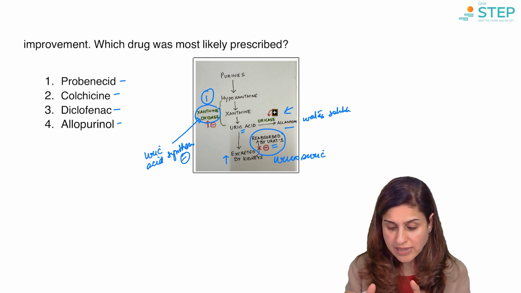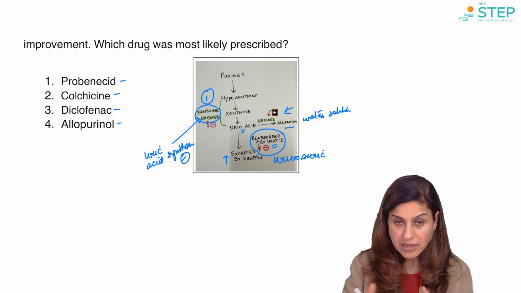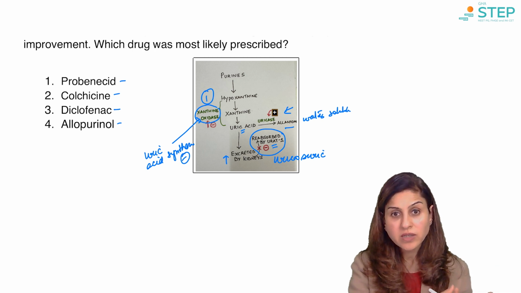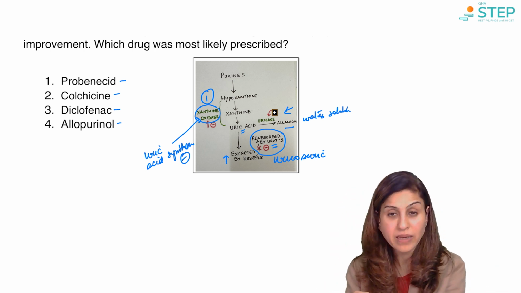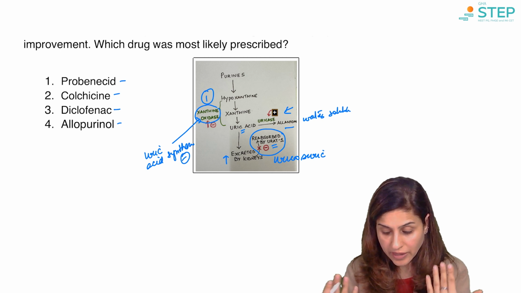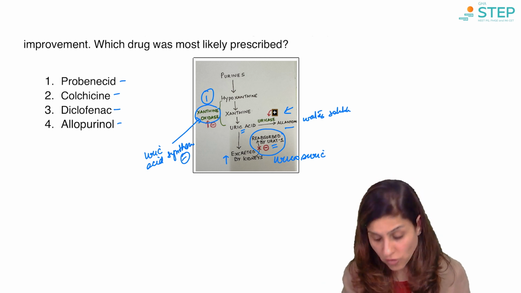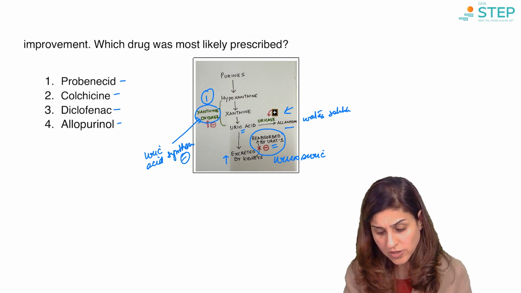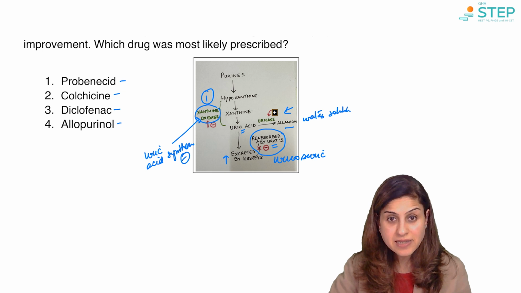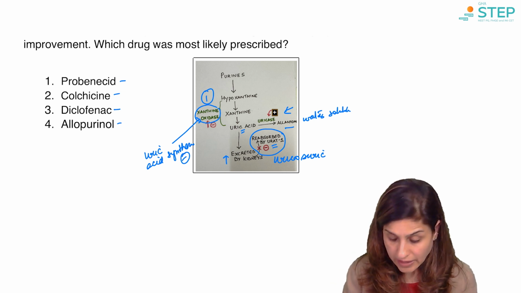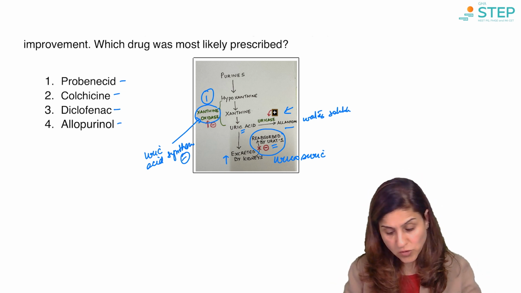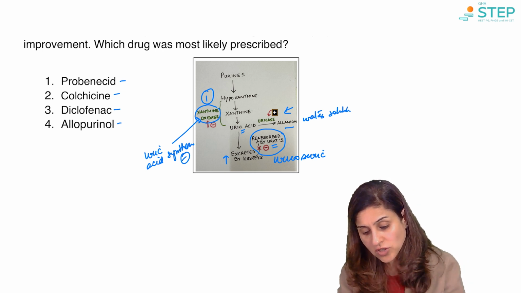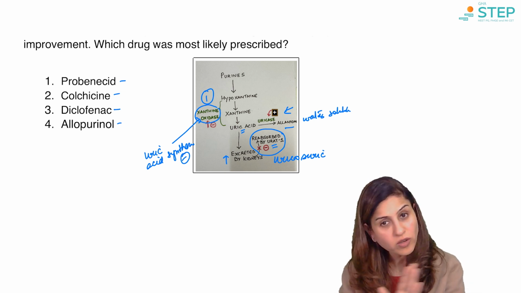So recombinant uricase enzymes increase the conversion of uric acid into allantoin.